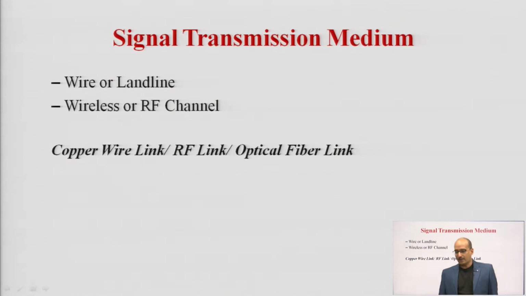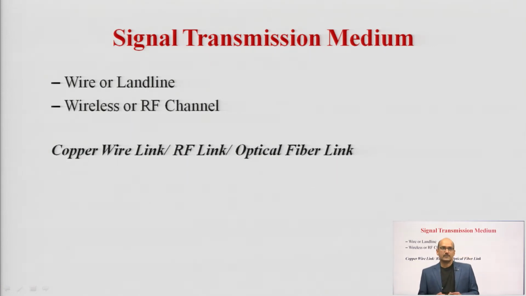So, starting from the signal transmission medium, as I told you earlier, in telemetry principles we have two locations. One location is the remote location and the second location is your place of working. Between these two places there is some kind of medium, and you have to transmit the data through that medium.